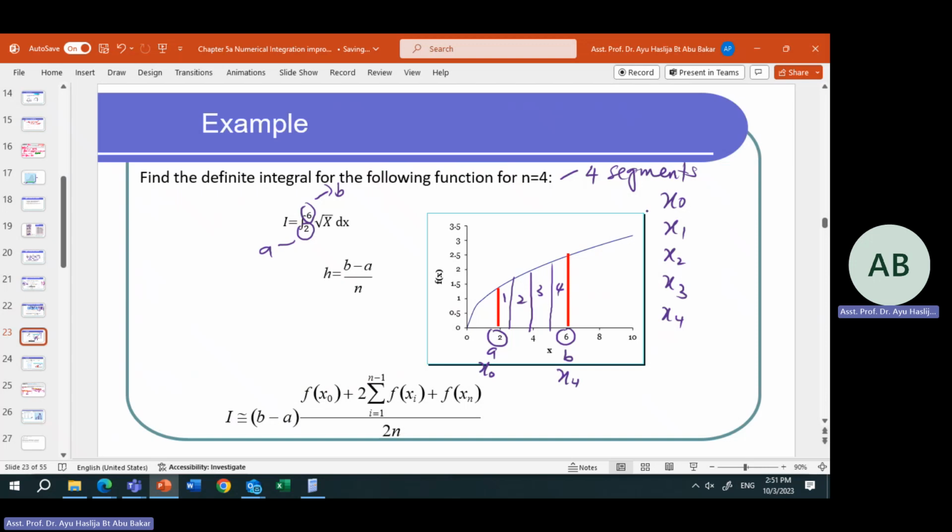First thing first, you need to find what is your x1 until x3. x0, you have the value, which is 2. x4 is 6. Okay, how to find this x value? That's when h comes in. Step size. Step size is the difference between point 1 to point 2. So h over here, try to calculate what is your h.